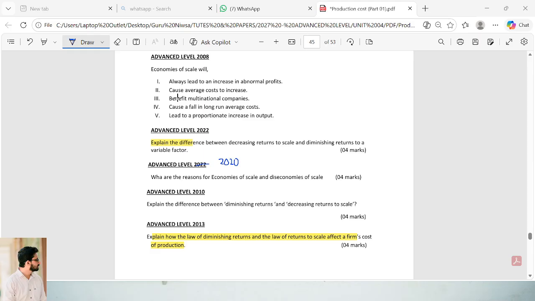But remember, Buddha, if you have any doubt in this cost, short run, long run cost, please go through your notes and watch the recordings, and please catch up on the lesson, because the next lesson, market structures and short run behavior of the perfect competition market, totally depends on the knowledge about this cost, Lamai, right?